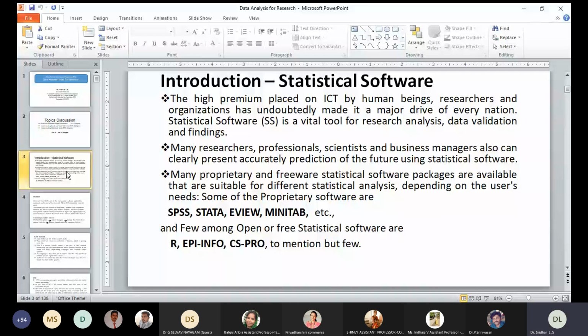Still it has not reached you, sir. The slides are visible, sir. You need to click the slideshow option by pressing F5 or clicking the button. Yeah, I'll do this. Is it visible, sir? Full screen is not visible, sir.